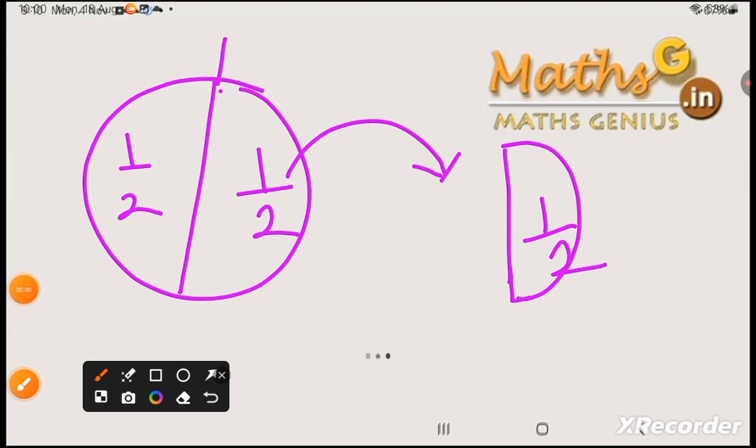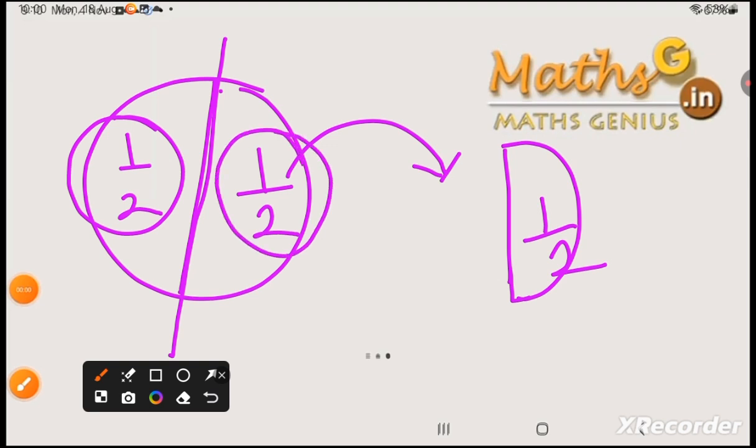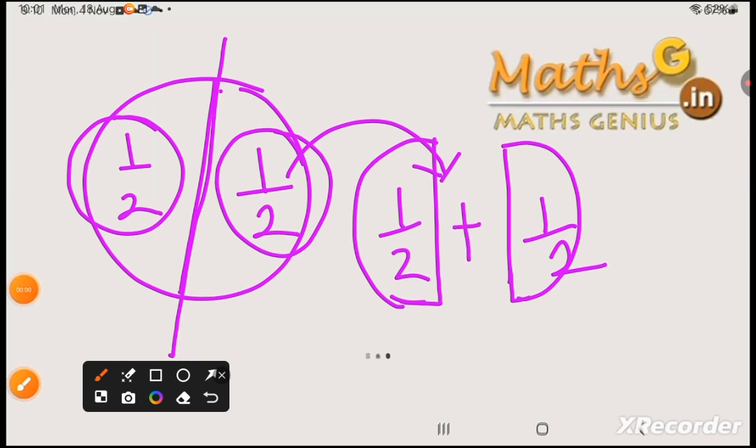If we cut this cake in the middle into two equal parts, there will be two fractions, half and half. If we separate the two fractions, they will lie like this. This is half of the cake, that is half of the cake. And if we join them, again we will get back the whole cake.